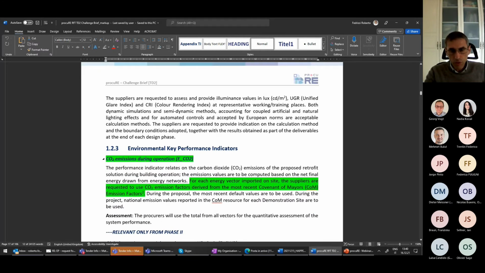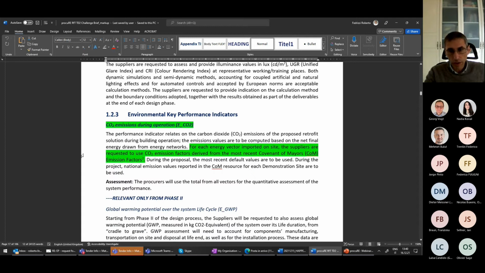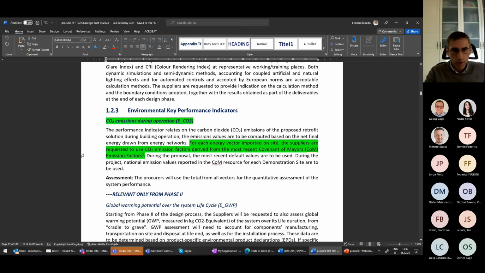And we want to also look into environmental impact of the solution that the suppliers are going to propose. Therefore, again, for each of the two buildings, we would like to also get indications in terms of CO2 emissions of the systems on a yearly basis.